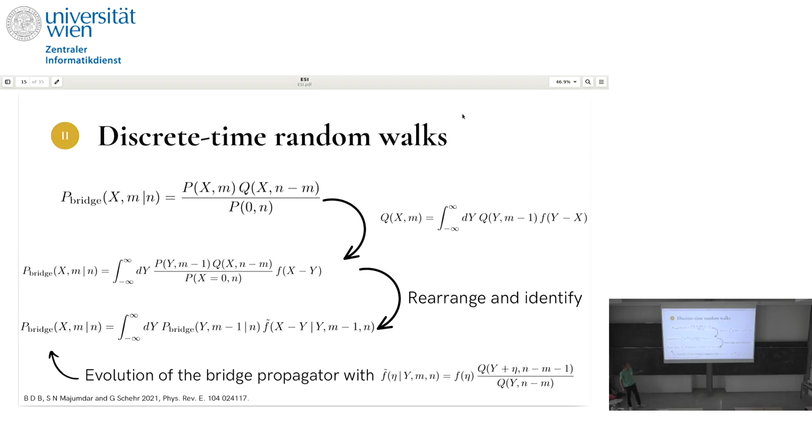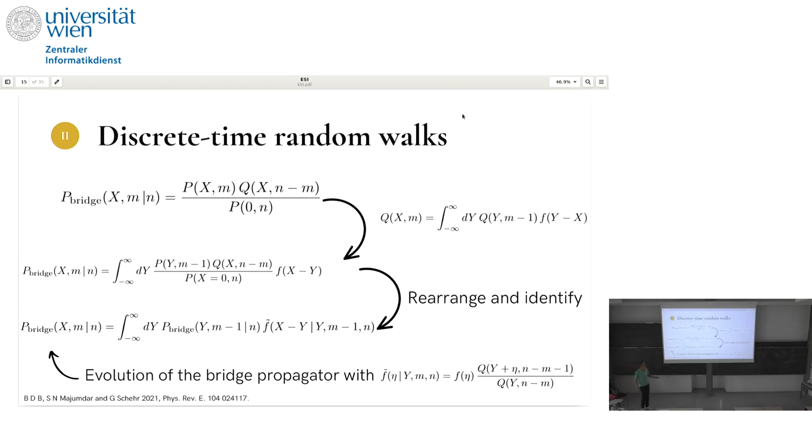So what we do is that we start from this equation, we use the integral equation for Q, and then we try to massage it in order to get an integral equation for the constrained propagator, and this you can do by rearranging and identifying. Here you have an integral equation for the constrained propagator with the jump distribution, which is no more the free one, but the constrained one, F tilde, which we discussed previously, and here those Q's are the free backward propagator.